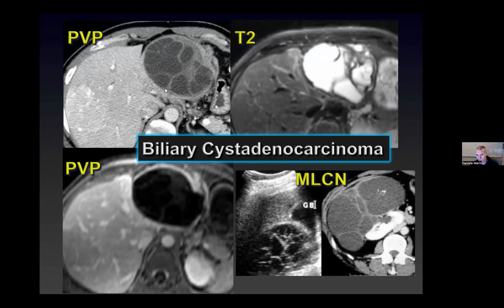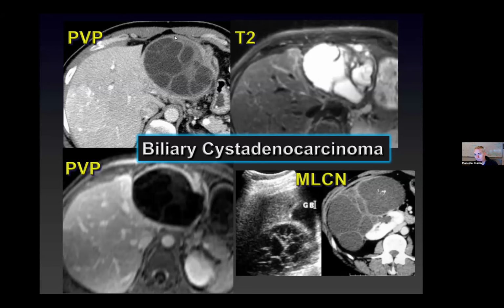Interval growth, if you have serial imaging, you can see the lesion will grow pretty substantially over time. And then you look also for areas of nodular enhancement, either within the lesion or within the wall of the lesion.